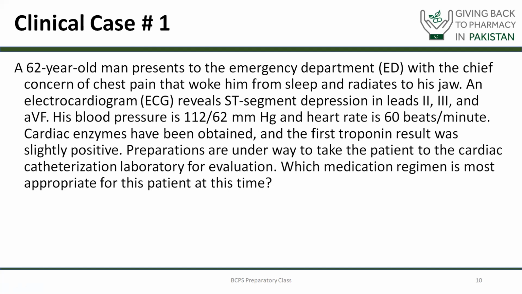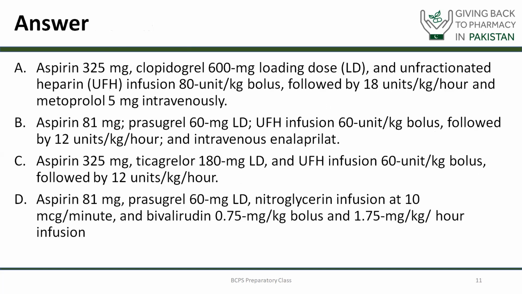If troponin is positive with ST segment depression, the patient will go for catheterization. You have to choose for now dual antiplatelet therapy and heparin or bivalirudin. Which one will you choose?